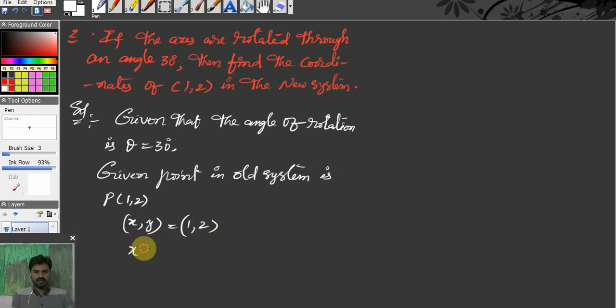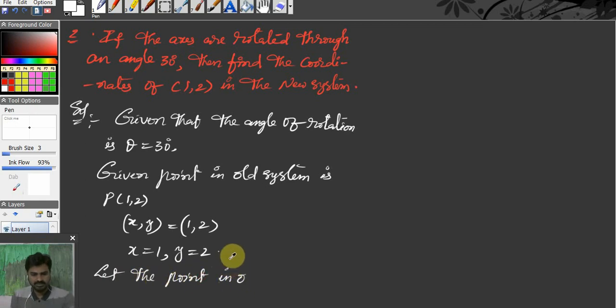Now x is equal to 1, y is equal to 2. What are we going to find out here? Here we have to find out the point in the new system. Therefore let us take the point in the new system as P(capital X, capital Y).